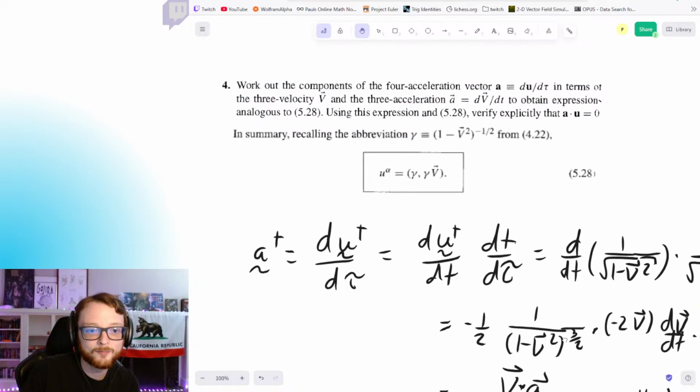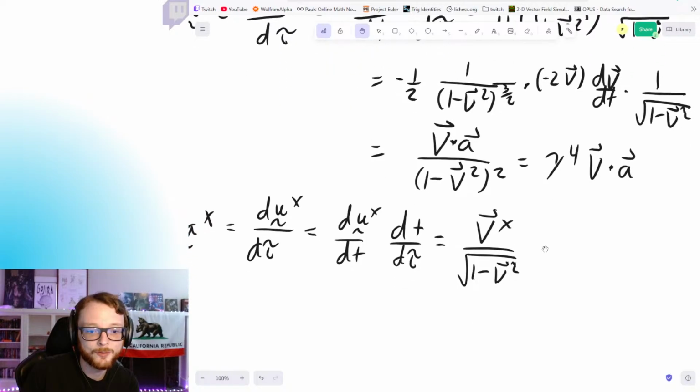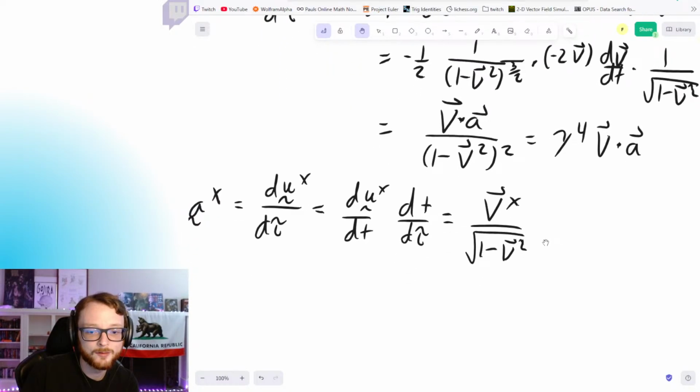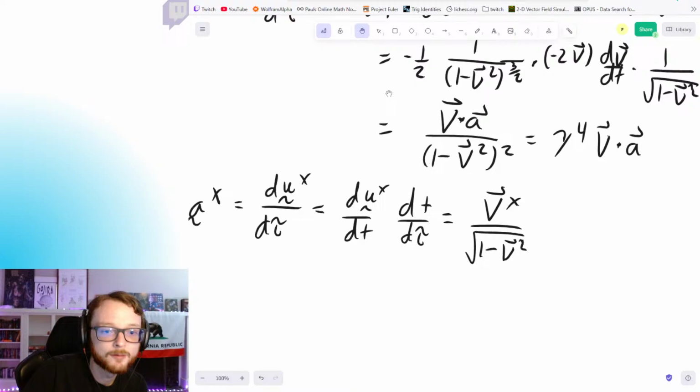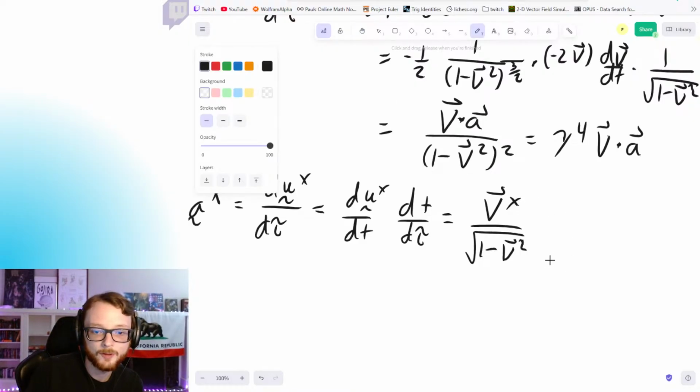Oh wait, would this be Vx in the denominator? No, it's still the overall. Okay. I guess that's gamma.